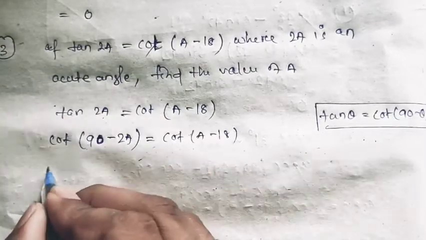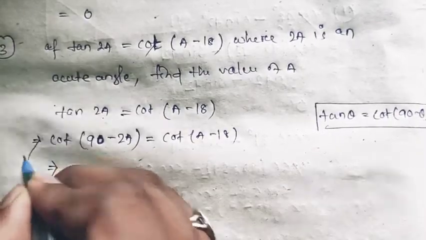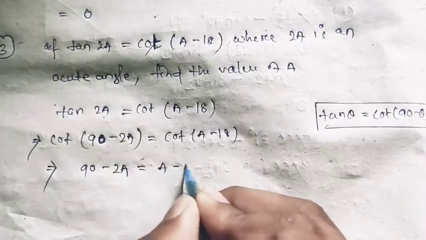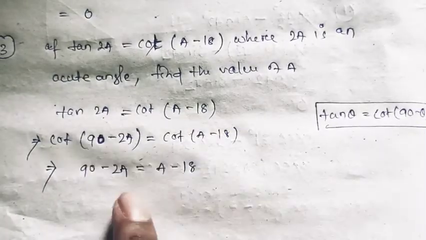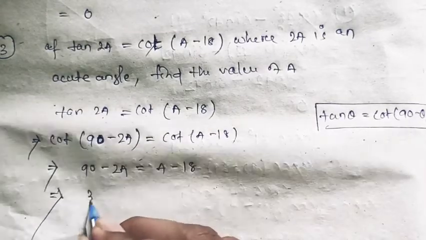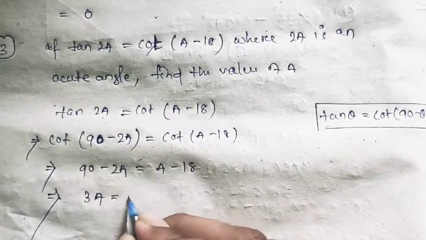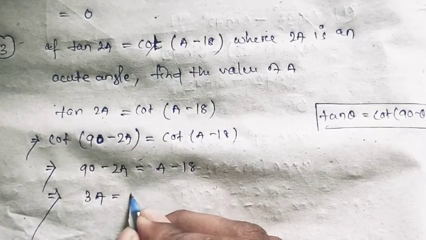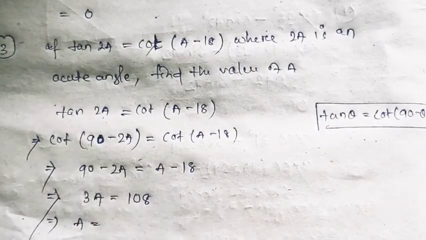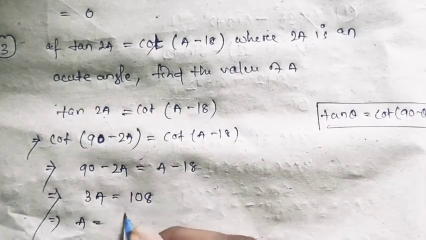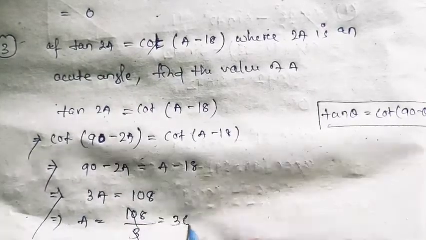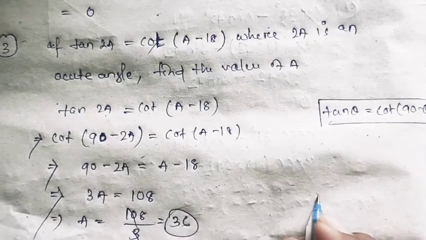From here I can write 90 minus 2a is equal to a minus 18. Solving this implies 3a is 108, and a is equal to 108 by 3, which is 36. So a is 36 degree.